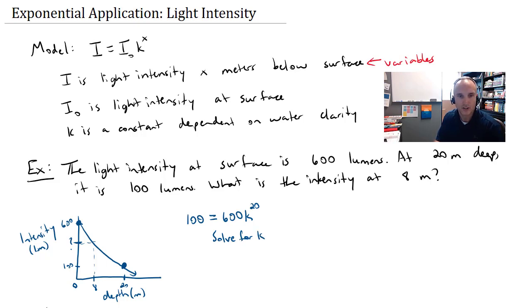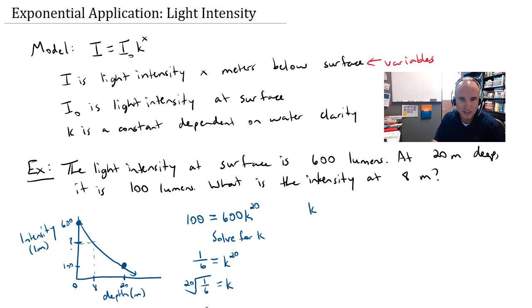So to solve for it, I'll divide by 600. 100 divided by 600 is 1/6. And now to undo a 20th power, we have to do a 20th root. So the 20th root of 1/6 has to be k. Now typically you do a plus or minus here, but we're interested in the positive k value in this case.